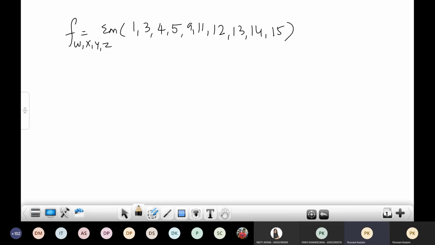Now please draw the K map. These are the minterms present in the function. First of all, let us draw the K map in your book.